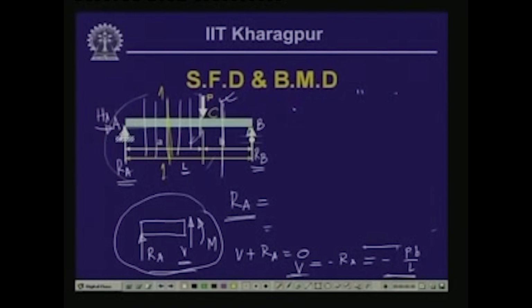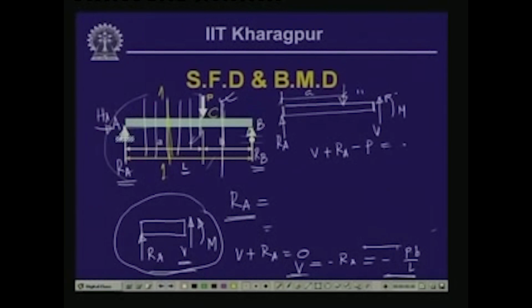Here again we have the reactive force at the end A, which is R A, which we have seen as P B by L. Here we have the concentrated load, which is at a distance of A. At this cut section we have the stress resultants V and the bending moment M. If we take the vertical equilibrium of the forces, then V plus R A minus P equals 0, or the shear force V equals P minus R A, and R A, as we have seen, is P B by L. So, this equals P minus P B by L. Taking P out, this is L minus B by L, that means it is A by L. So, this equals P A by L.